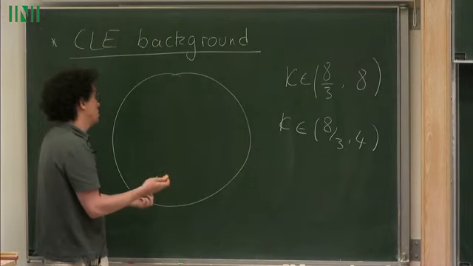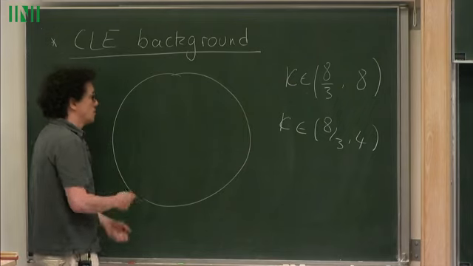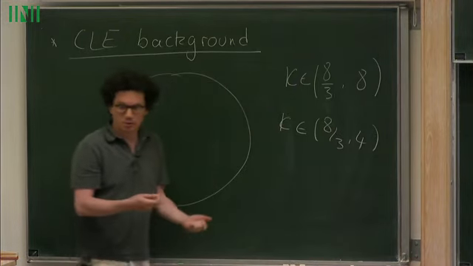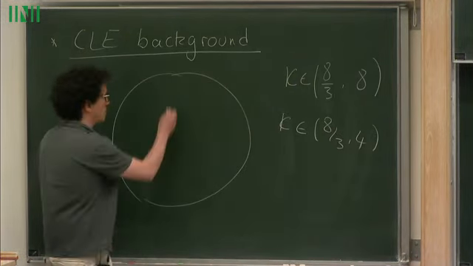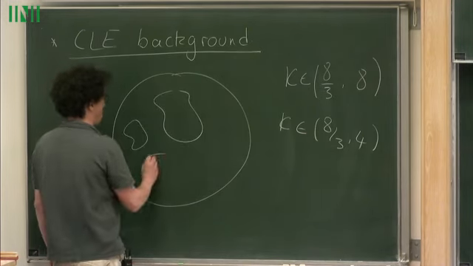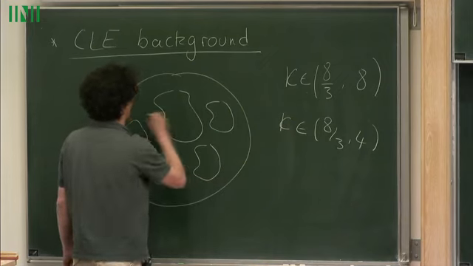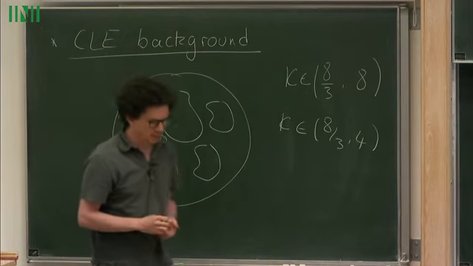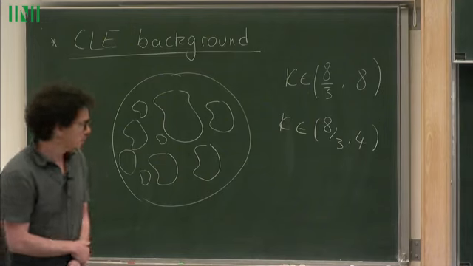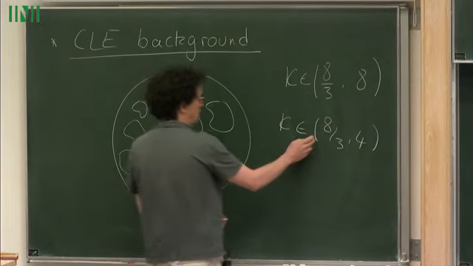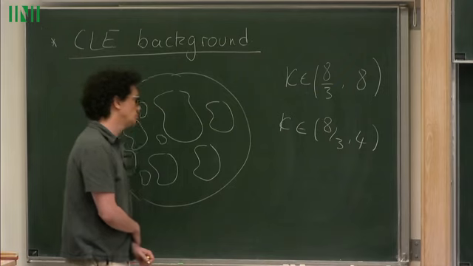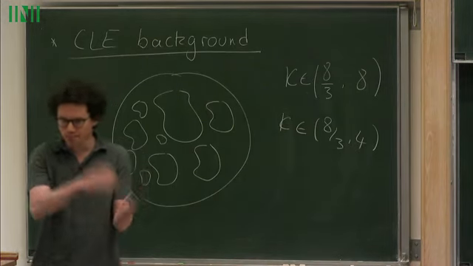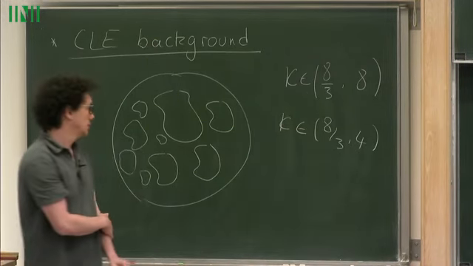So the idea is, it is supposedly the scaling limit of an O(N) model in the unit disk, so it's a random collection of loops that you define in the unit disk, and because I'm in that regime where kappa is smaller or equal to 4, these loops will be self-avoiding, and so simple loops, and they don't touch each other.